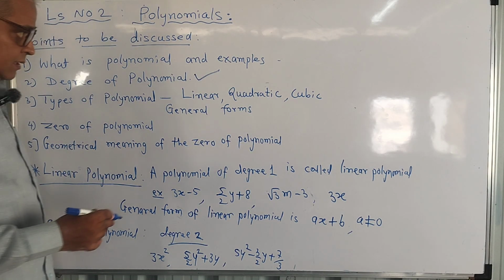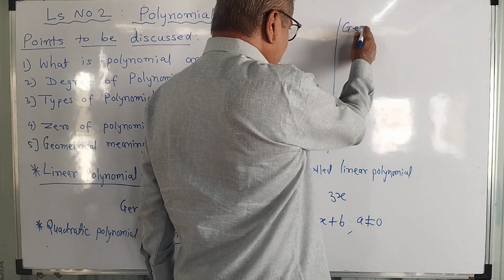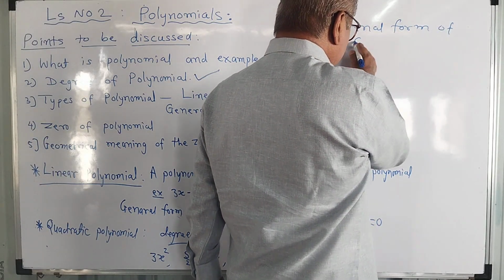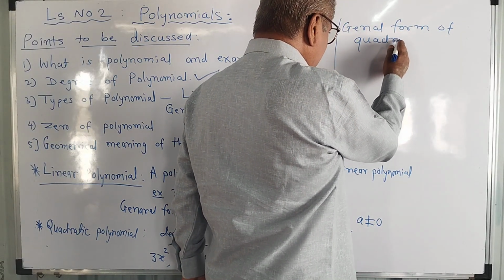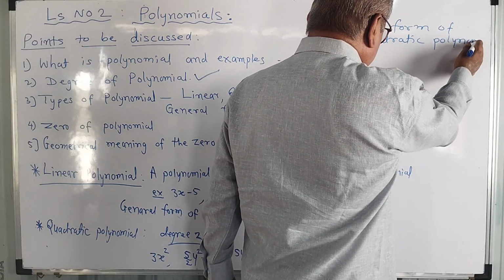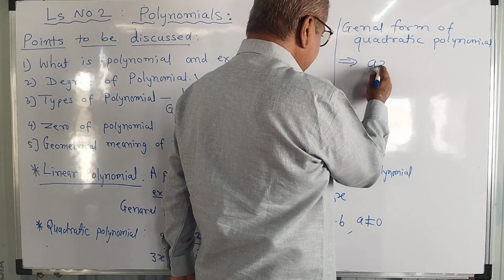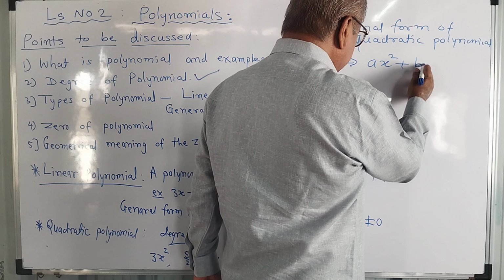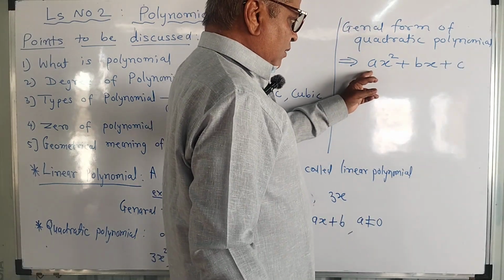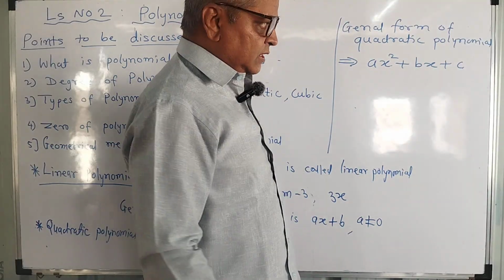Now we can write the general form of quadratic polynomial. It is ax square plus bx plus c, where a is the coefficient of x square, b is the coefficient of x, and c is constant.